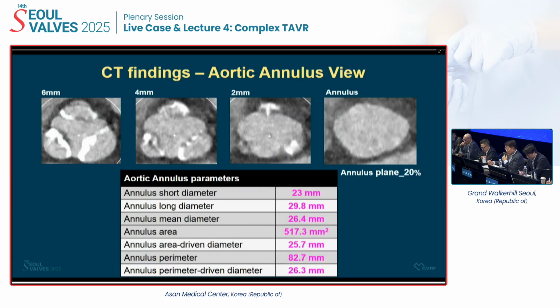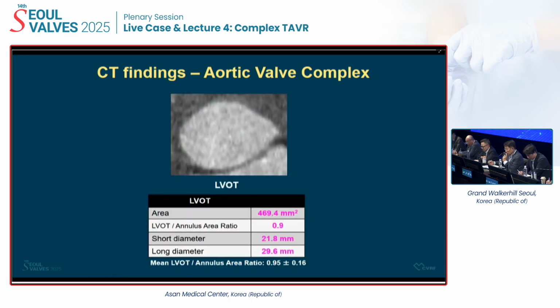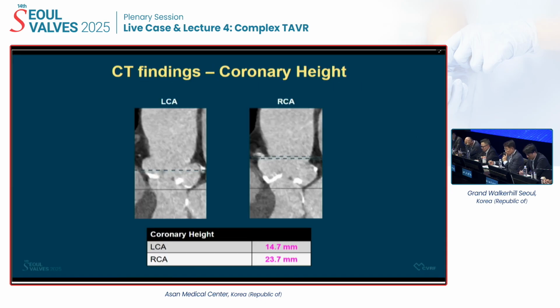On CT findings, annulus area was 517, SOV area was 1,135, and STJ was 608. LVOT area was 469. Coronary height of LCA was 14.7, and RCA was 23.7.